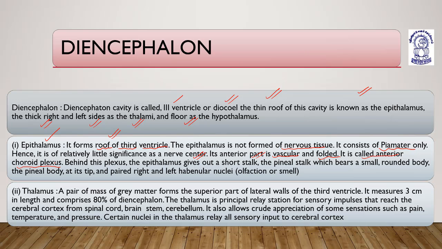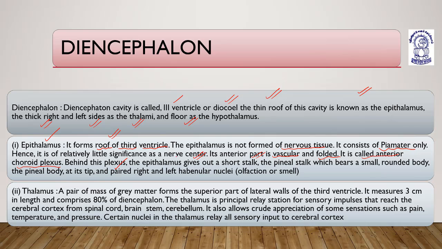So the epithalamus forms the roof of the third ventricle. It doesn't contain any nervous tissue. It consists of only pia mater, hence it is of very little nervous importance. Its anterior part is vascular and folded and is known as the anterior choroid plexus.